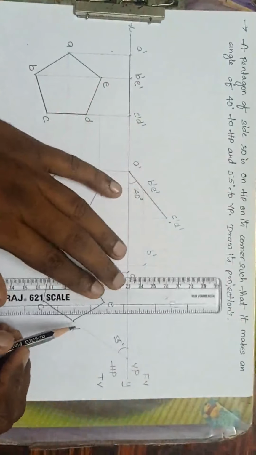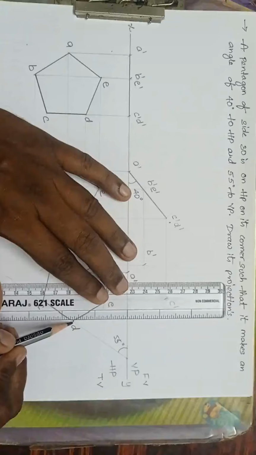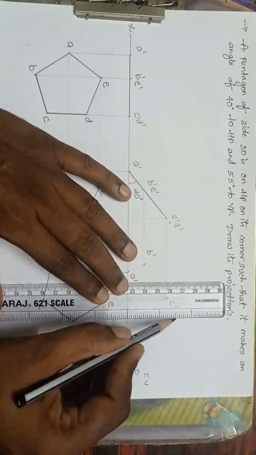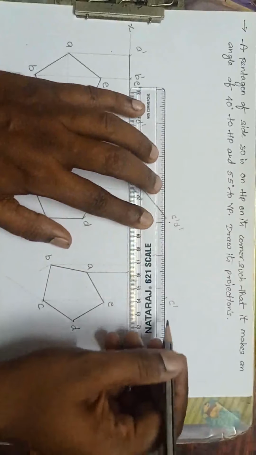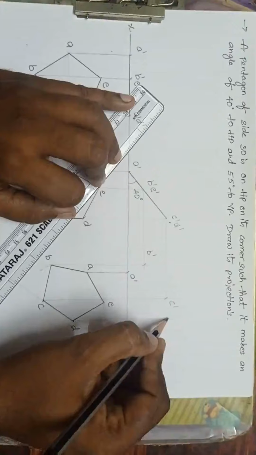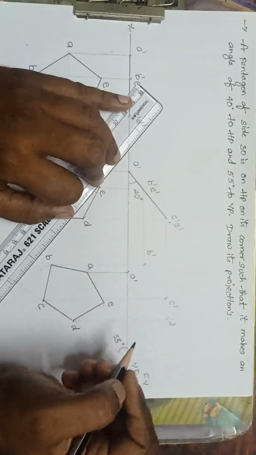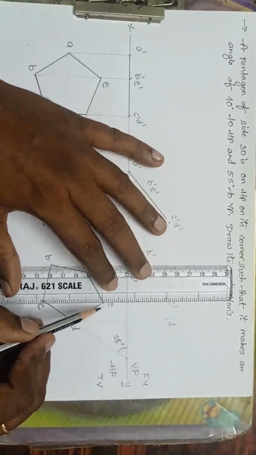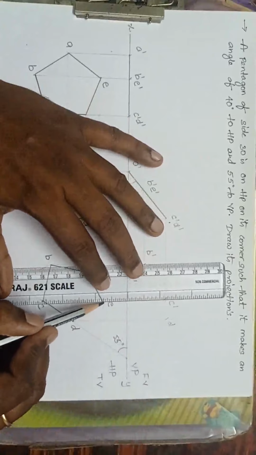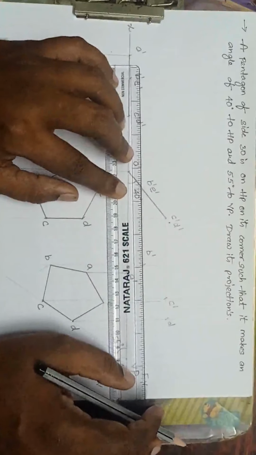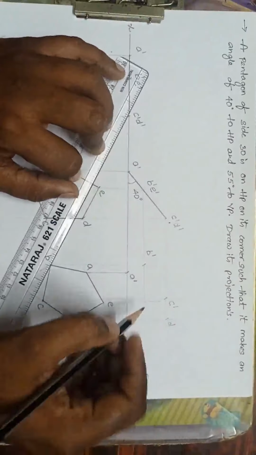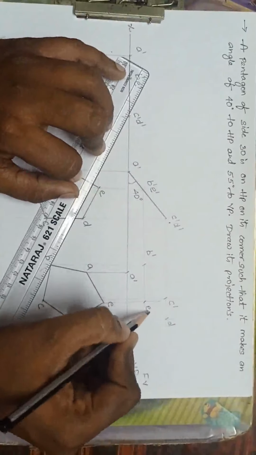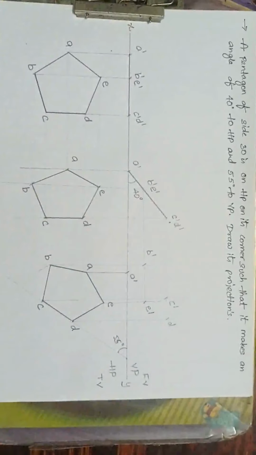Now from D, what to do? Drop the perpendicular line. From here it is a horizontal line. Okay, this is D dash. And finally I want E. From E, perpendicular line, and from E dash I want a horizontal line like this. Yes, this is E dash. Join all the points.